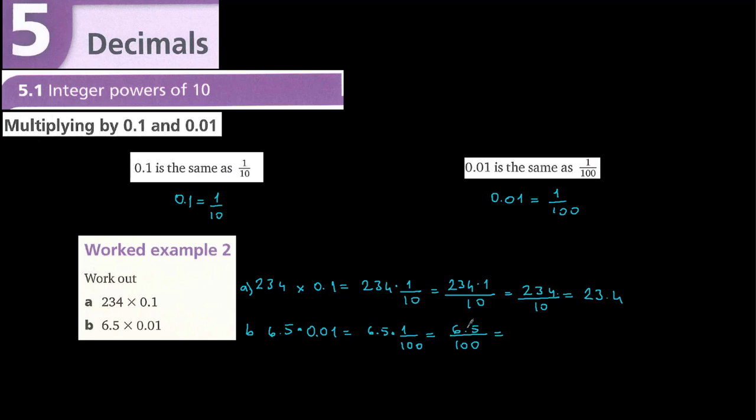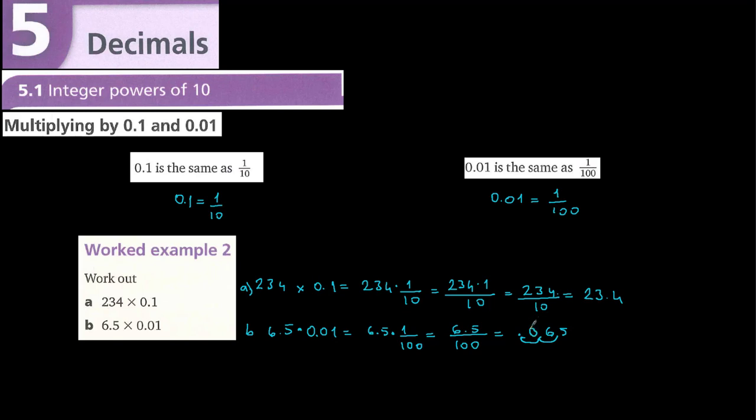As I said before, I'm going to move my decimal point 2 units left. I'm going to move the decimal point of 6.5, 1 and 2 units, and I'm going to place my decimal point here. But as you see here, there is no number.